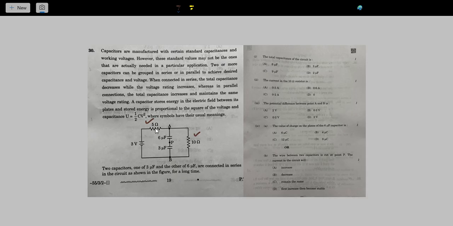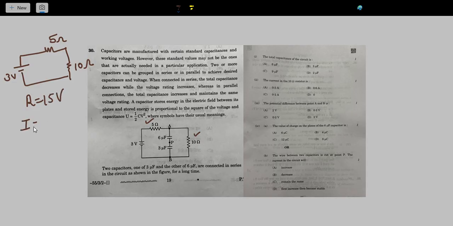So ultimately we have only these two resistors in the circuit, and your new circuit would be a 3 volt battery, this 5 ohm resistor, and the 10 ohm resistor, right?